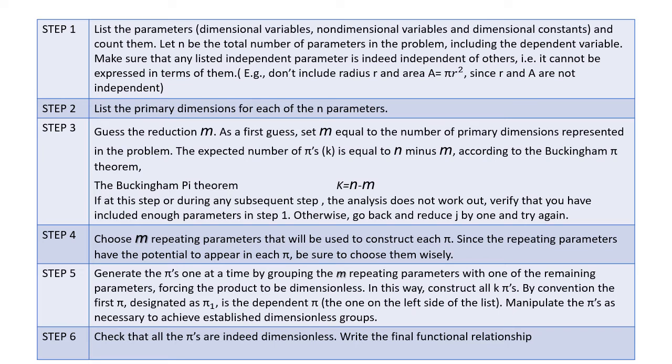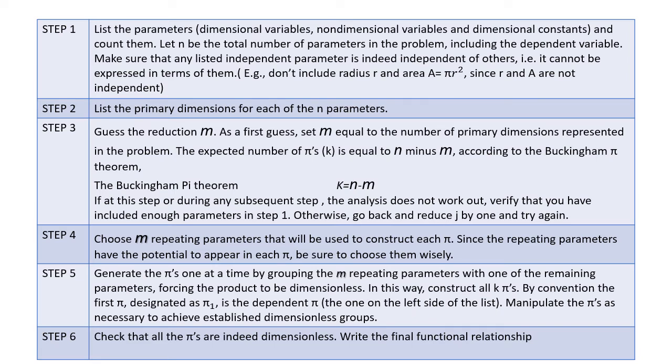Step 1: list the parameters, dimensional variables, non-dimensional variables and dimensional constants, and count them. Let n be the number of parameters in the problem including the dependent variable. Make sure that any listed independent parameter is indeed independent of the others, that is, it cannot be expressed in terms of them.